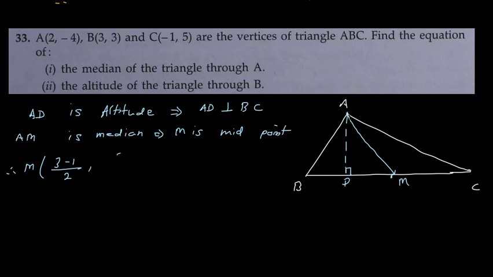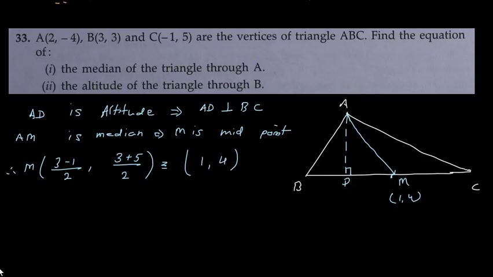And 3 plus 5 divided by 2. So this gives you 3 minus 1 is 2, 2 divided by 2 is 1, and 5 plus 3 is 8, 8 divided by 2 is 4. So it is 1 comma 4. So the coordinate of M is 1 comma 4.